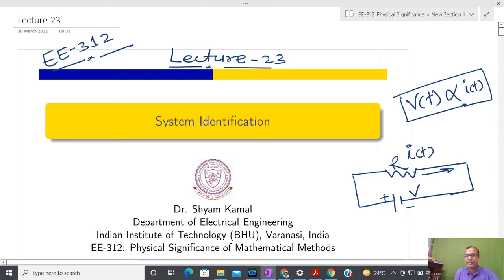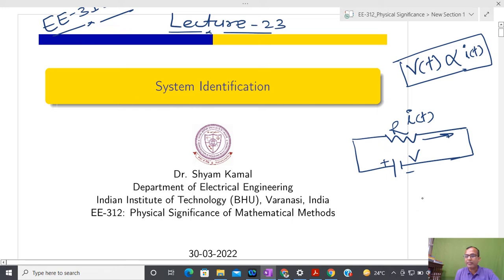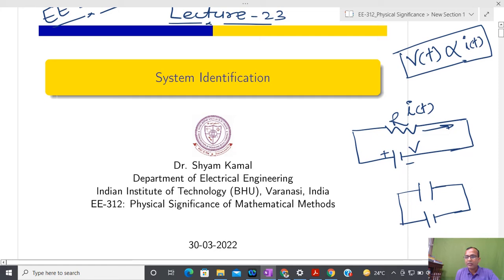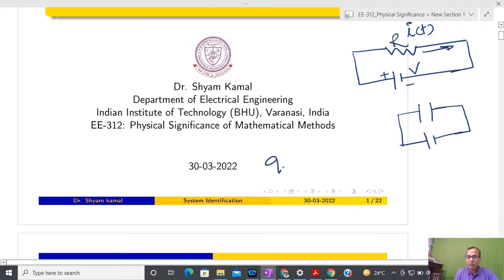Now suppose we talk about the capacitor. At that time our situation is a little bit different. If I write q equal to Cv, and after that dq by dt, that is i equal to C dv by dt.